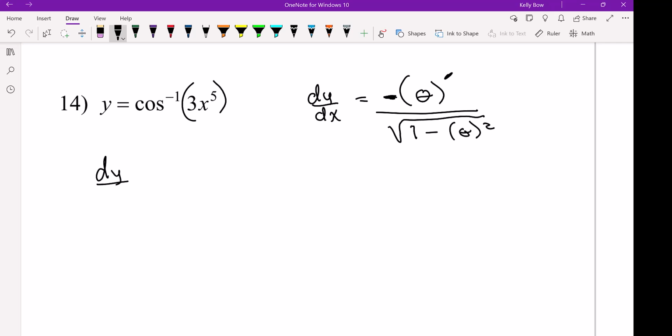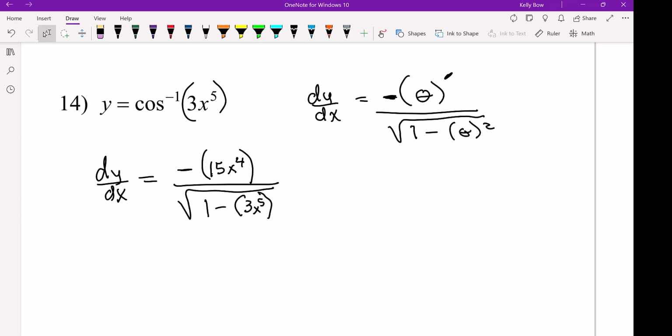So dy dx, we take the negative of the derivative, which would be 5 times 3 is 15, and then 5 subtract 1, so that's 15x to the fourth, over the square root of 1 subtract 3x to the fifth, and then we square that. Remember, the 3 gets squared as well.